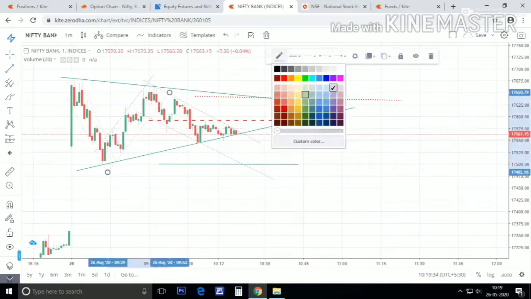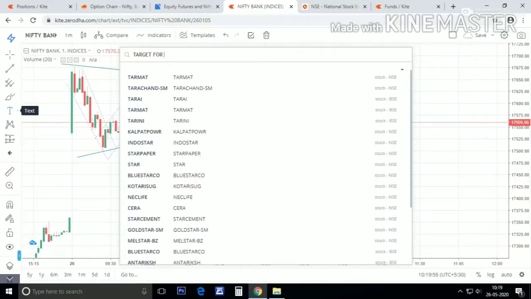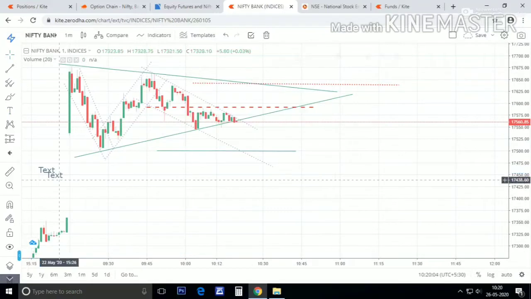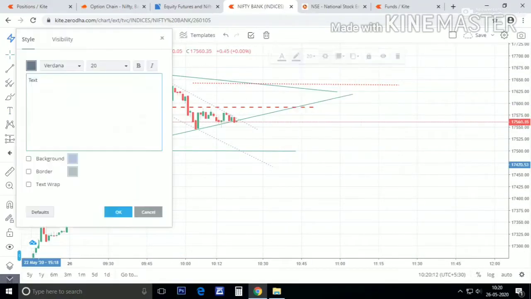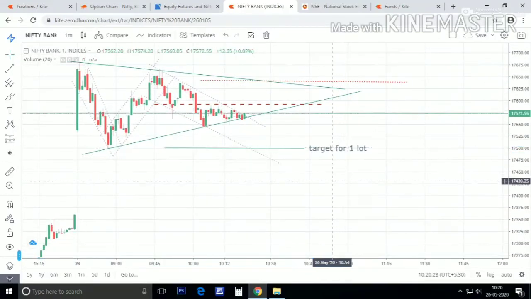Let's see. You can clearly see I had drawn formations. This is clearly down and up formations. If the market is moving downwards in a particular range, it is going to go up, and vice versa.